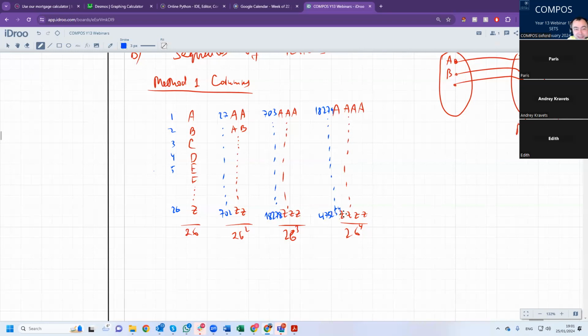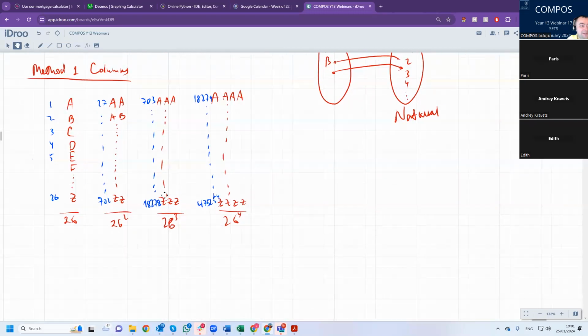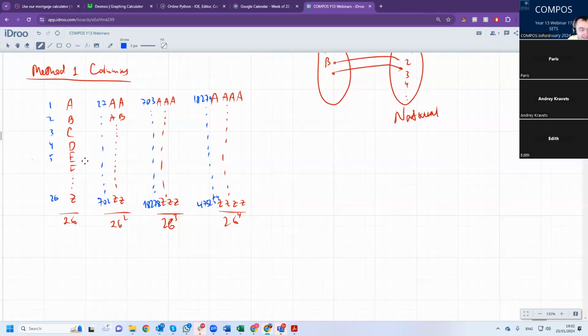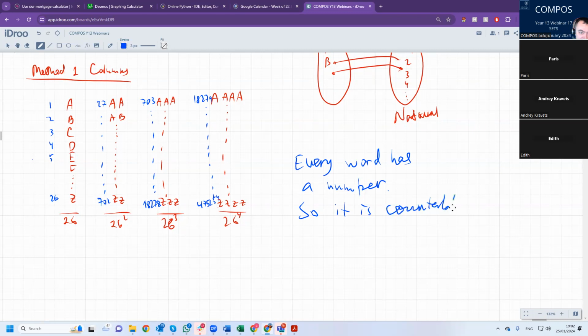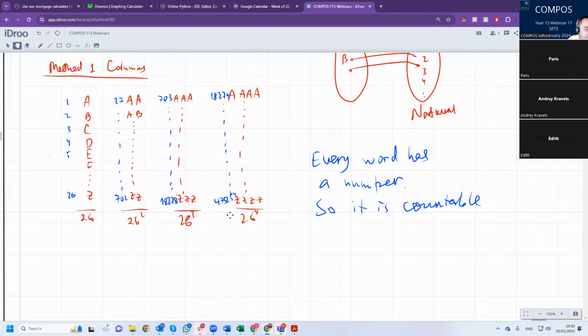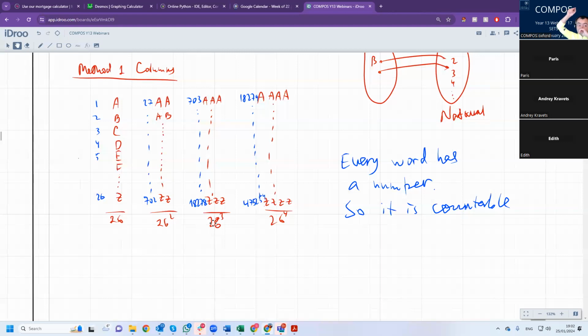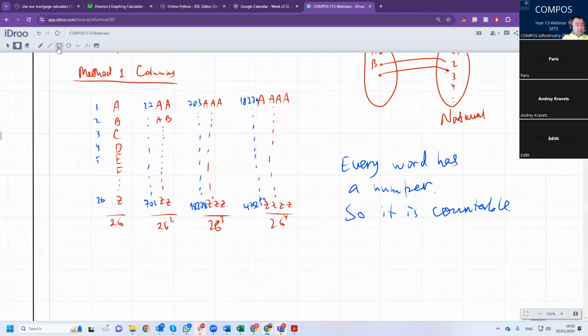So the fact of the matter is that every word in this dictionary has a number. So it is countable. And on a more fundamental note, it is an infinite set of finite groups. The key word is finite, because we know exactly how many elements are in each column.